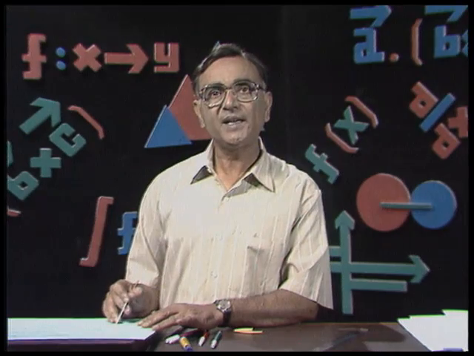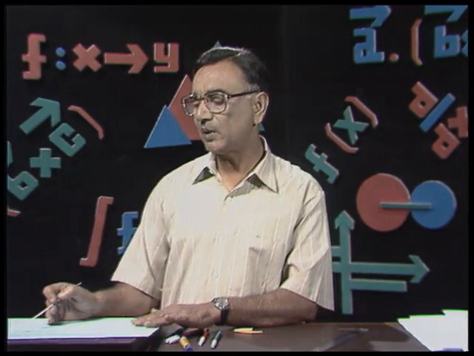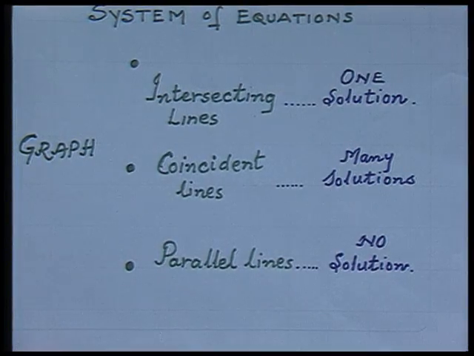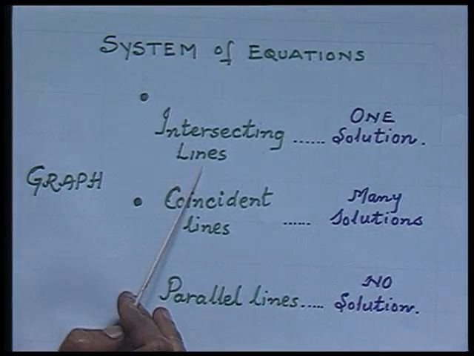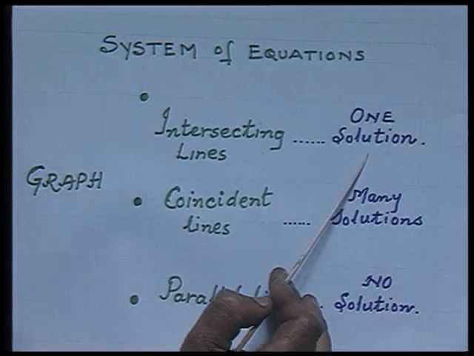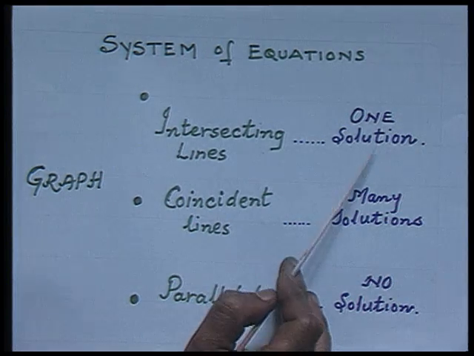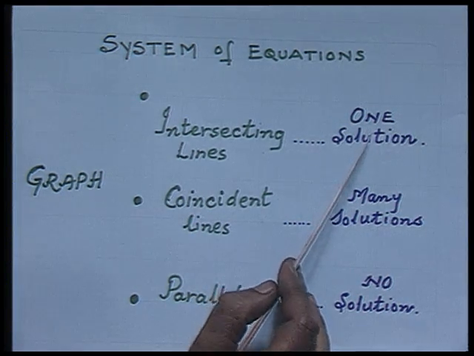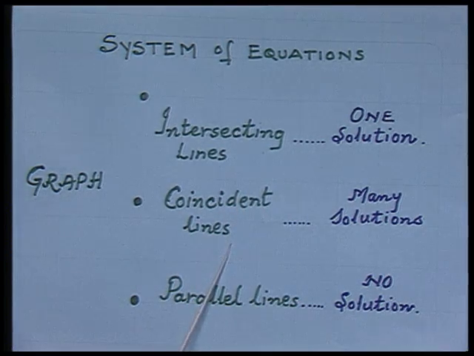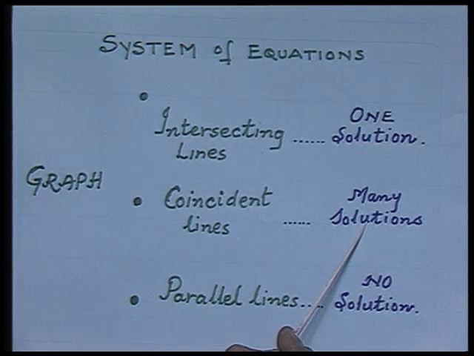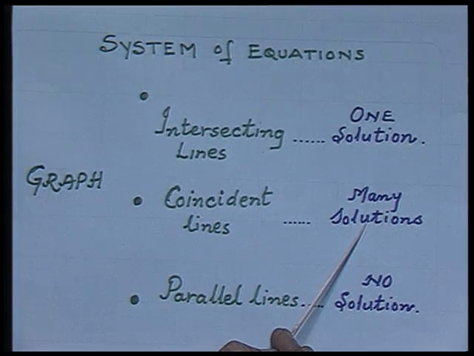So once again let us revise what is a system of equations. For a system of equations, in case we plot the graph, the intersecting lines will be representing one solution, that is, that ordered pair will be satisfying both the equations, and if the lines are coincident lines, then the system will have many solutions.